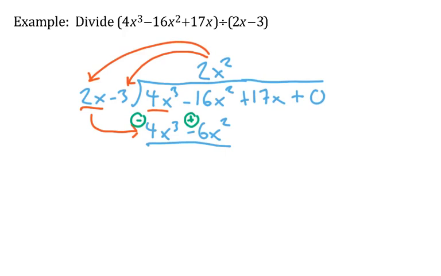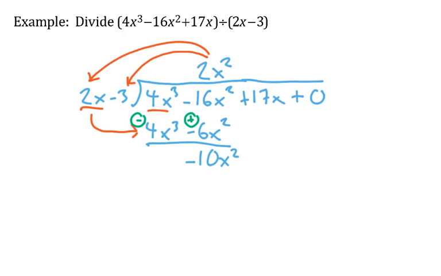And then by adding down the columns, we're really subtracting those two polynomials to see how close we are. But because we've changed the sign, we only have to think about adding. Now, 4x cubed minus 4x cubed is 0. And negative 16x squared plus 6x squared, because we changed the signs, is negative 10x squared.